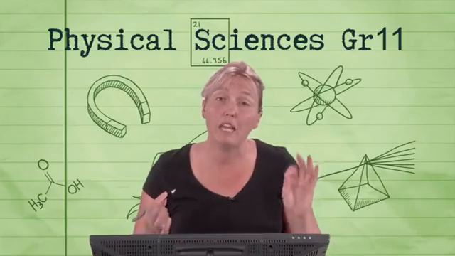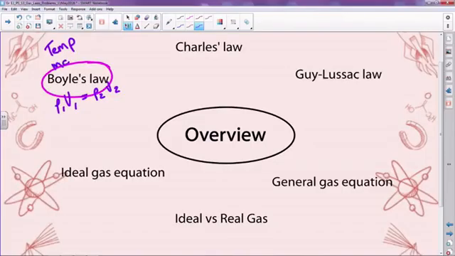To get that relationship, there are two things we need to keep constant: temperature and number of moles. Boyle proved to us that the relationship between pressure and volume is inverse. As one increases, the other decreases. And he then put together the equation that we can use for our gas law problems today.